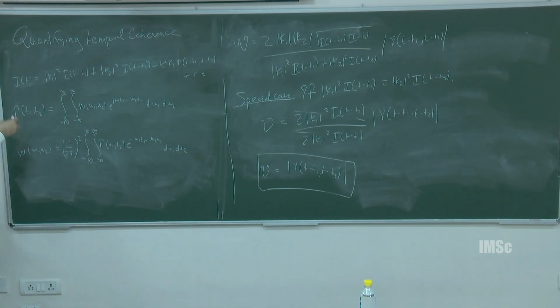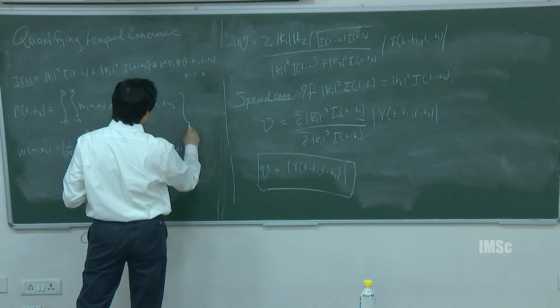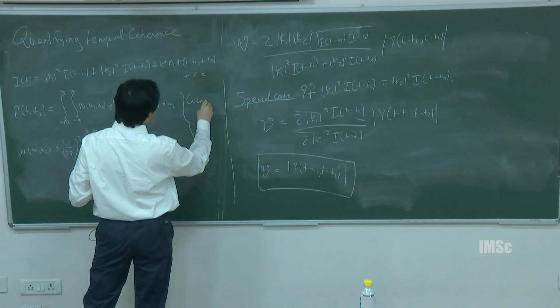So this is the generalized Wiener-Khinchin theorem that relates the cross correlation function to the cross spectral density, and they form a Fourier transform pair.